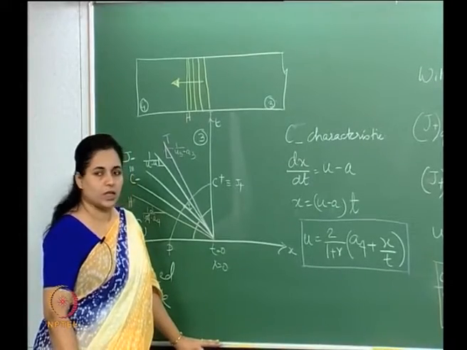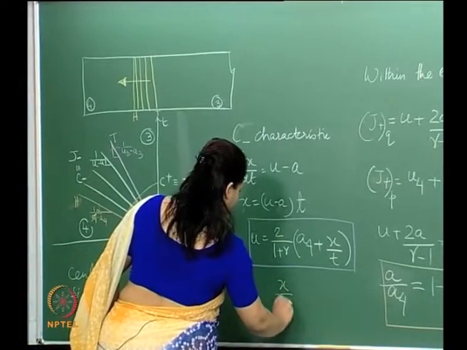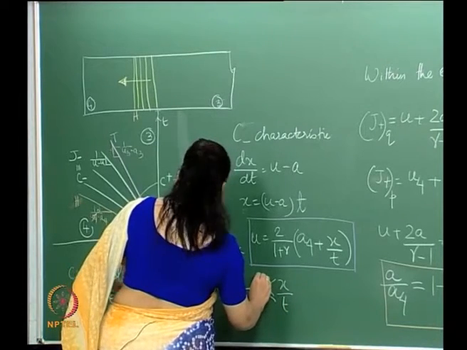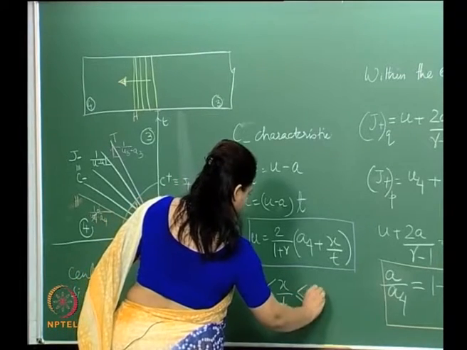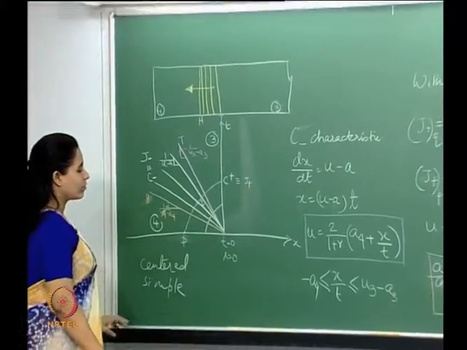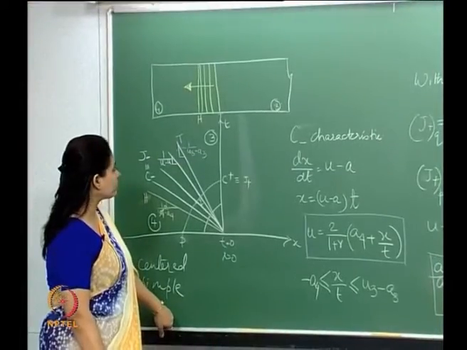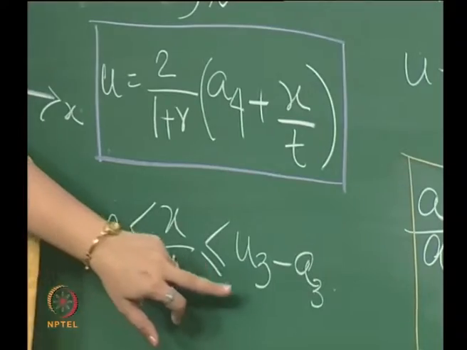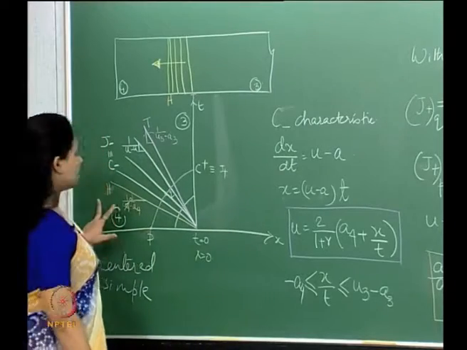You should also cross check this yourself. Essentially, x by t here is u3 minus a3, which is here, and it is minus a4 in this region.